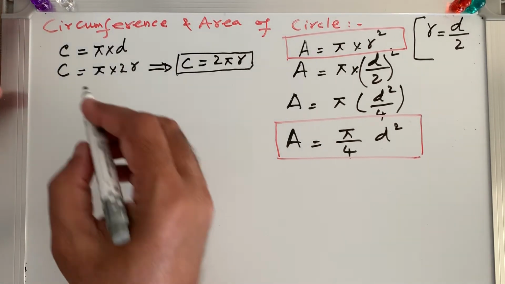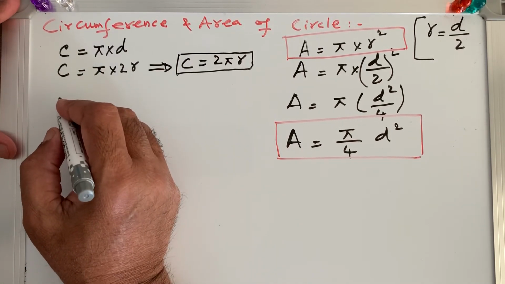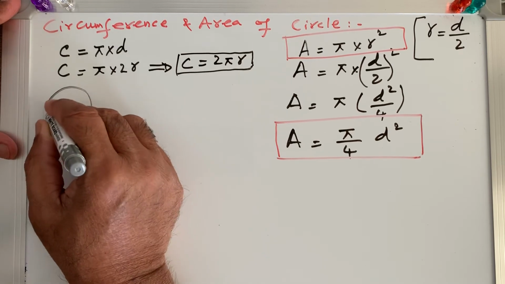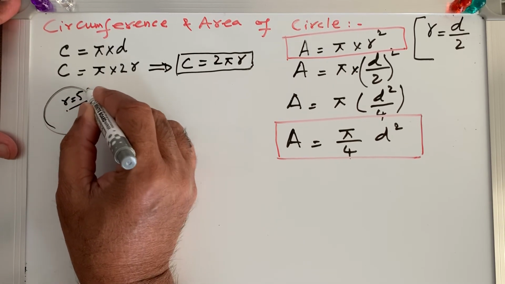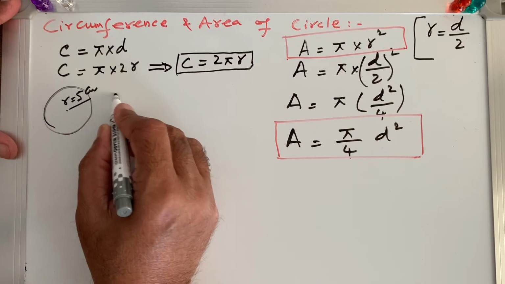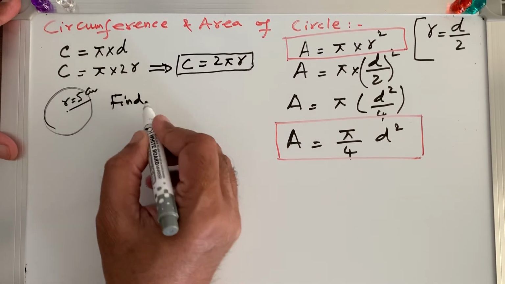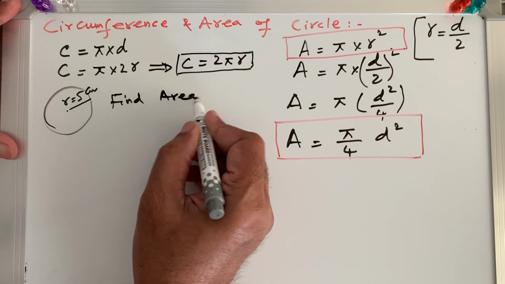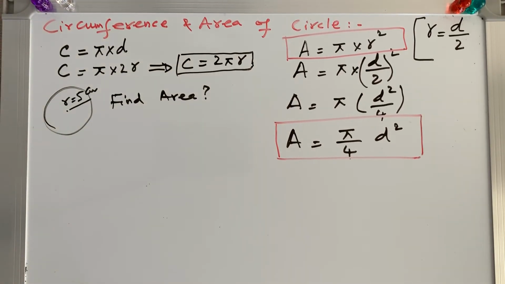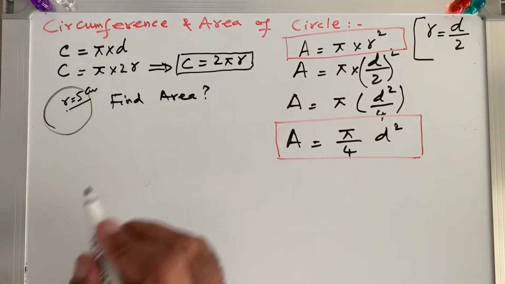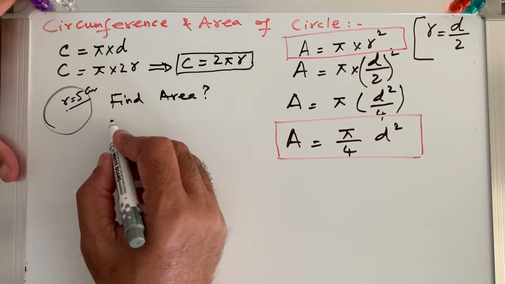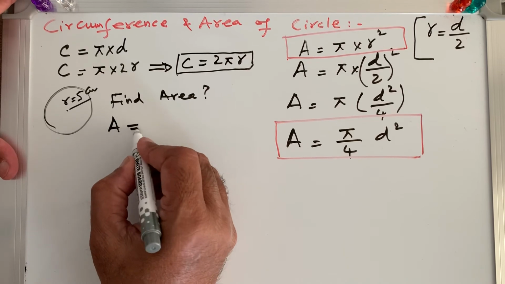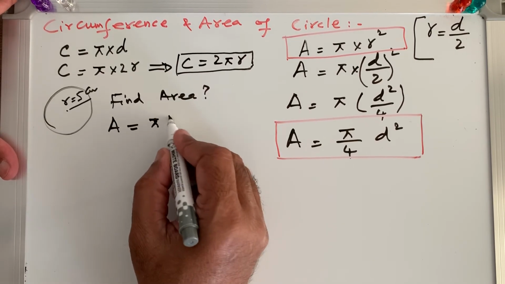So the question is, my circle is given and the radius is 5 centimeter, right? So find area. So what do I have to do? I can use the area formula. So area is equal to pi times r square.